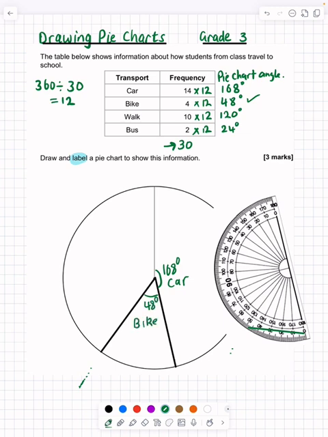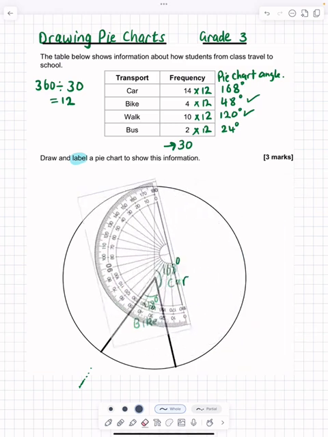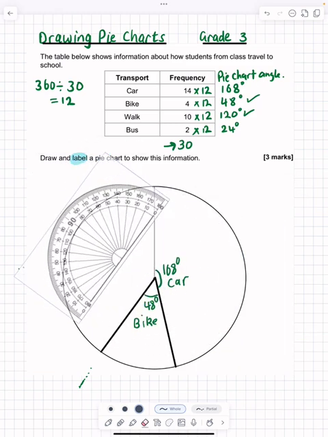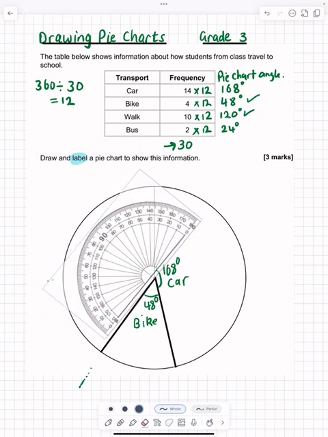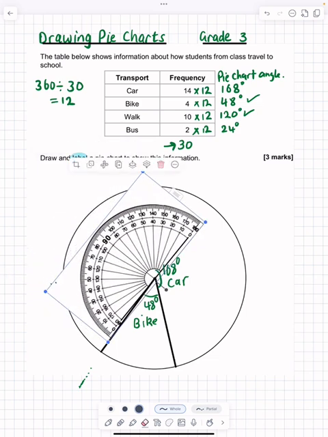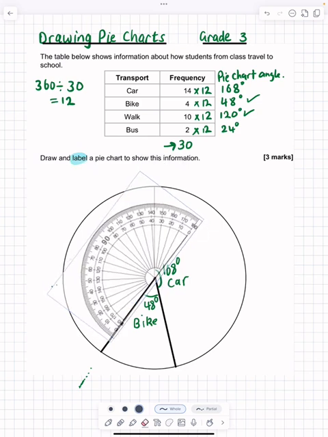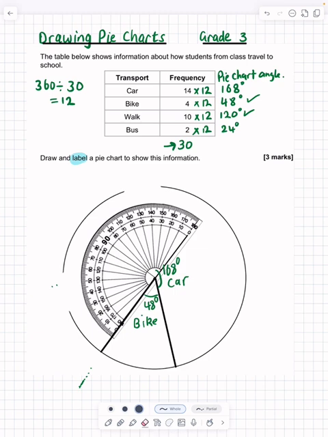Now the next angle we need to draw is 120 degrees. Again, taking the protractor, turning it around so it fits on this line, and from the center, we might need to turn it a little bit more. Okay, that is perfect. Now 120 degrees. Looking here, that's the zero line, and 120 degrees is all the way over here.